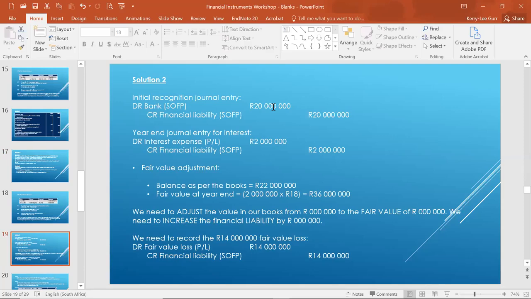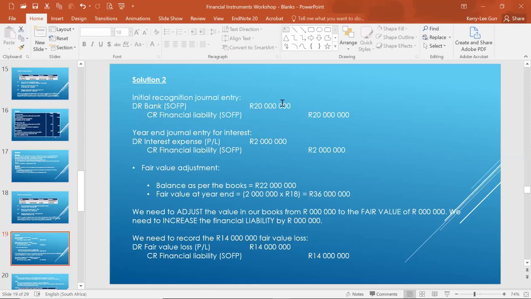Debit bank, credit our financial liability, because remember, we were the ones who in fact issued the debentures. So we're receiving money today and we owe money in the future. If we are owing money, what type of interest do we expect to see coming through? Well, it's going to be our interest expense. So debit our interest expense of 2 million.